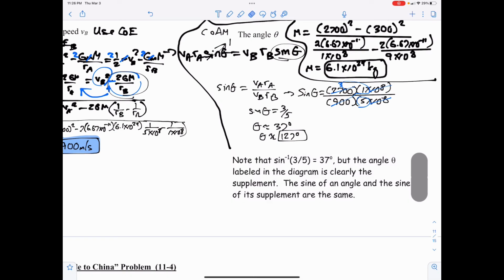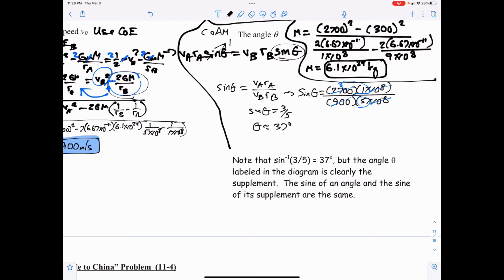Again, note that the angle whose sine we found is 37 degrees. The angle labeled in the diagram is clearly the supplement. Oh, my mistake. That's right.